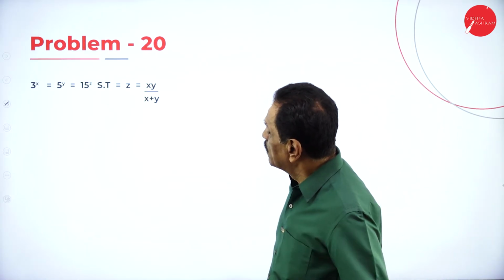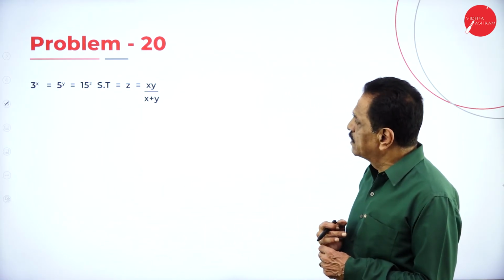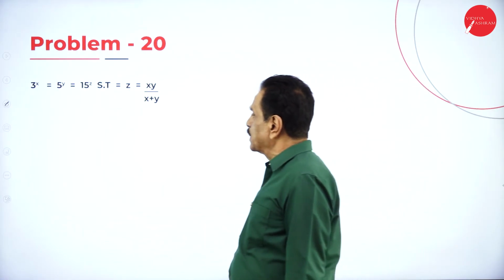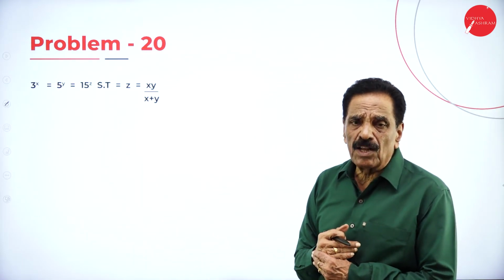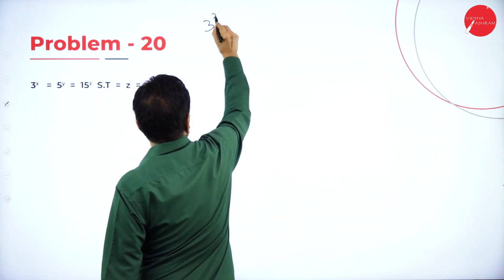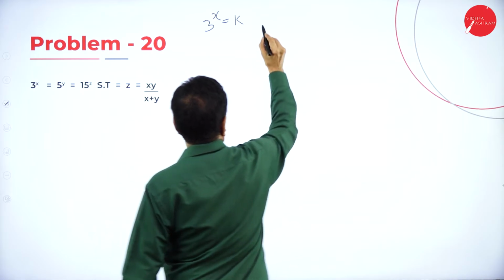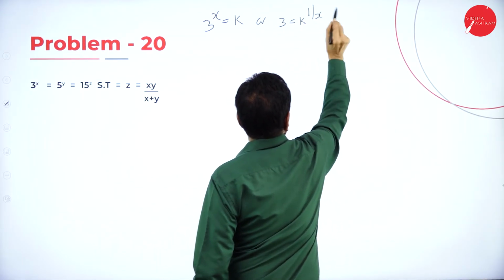Prove that 3^x = 5^y = 15^z implies z(x + y) = xy. When the power has been given, we put the unknown number x. You can write 3 to the power of x is equal to k, or 3 is equal to k to the power of 1 over x.